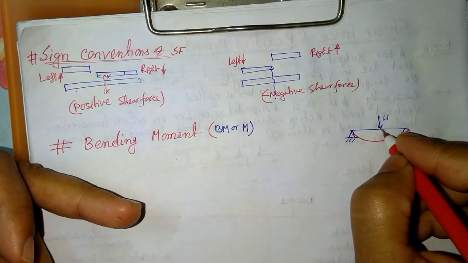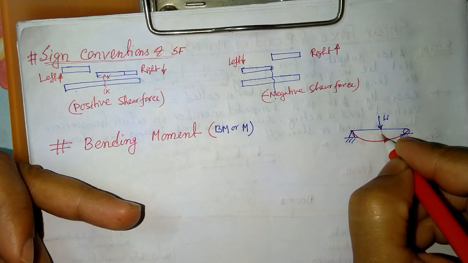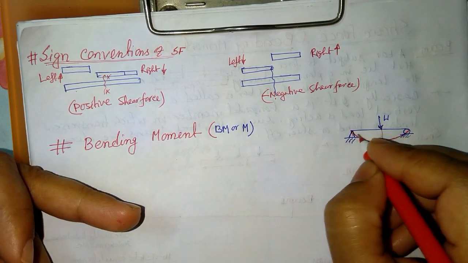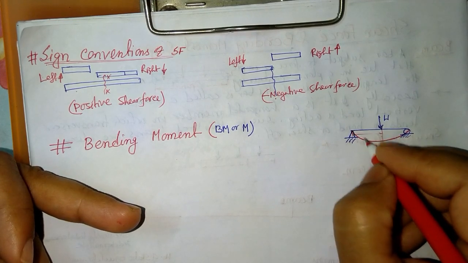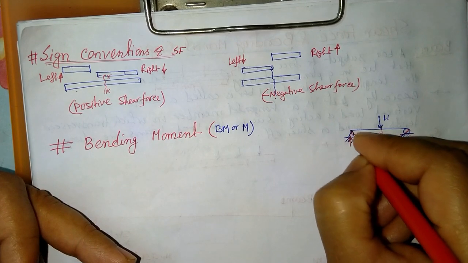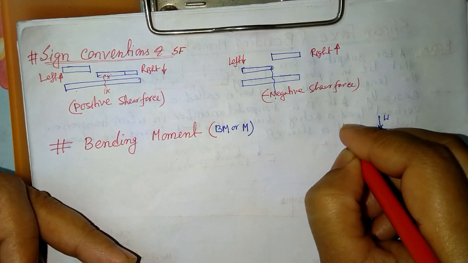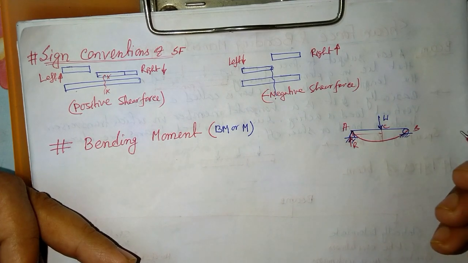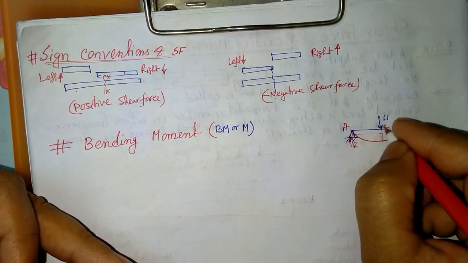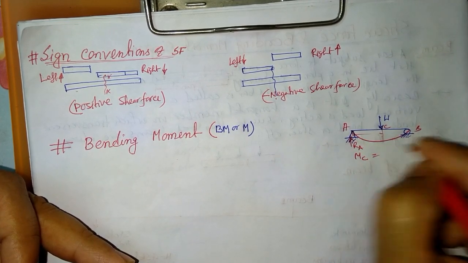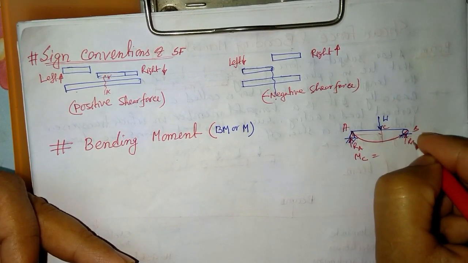It is the product of force and the distance between the line of action of force and the center about which we are finding the moment. Suppose we are finding the moment about C. For that we have reactions RA and RB.